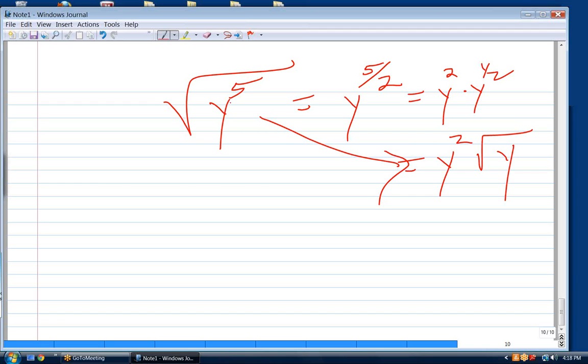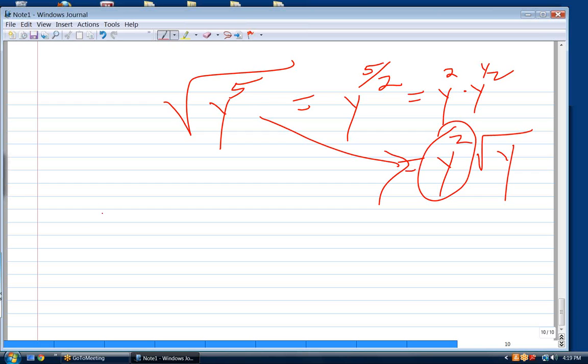In other words, I'm going to take 4 of these y outside the square root sign, leaving 1 behind. And the 4 that I take outside the radical sign, I have to cut that exponent in half because I'm going to take the square root of it. So that's where I get my y squared.